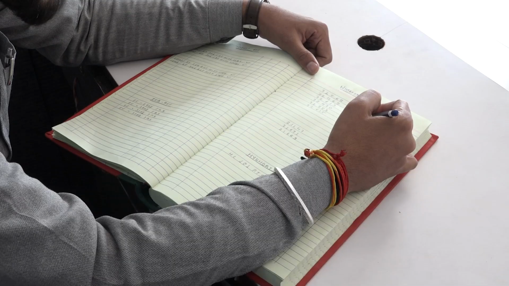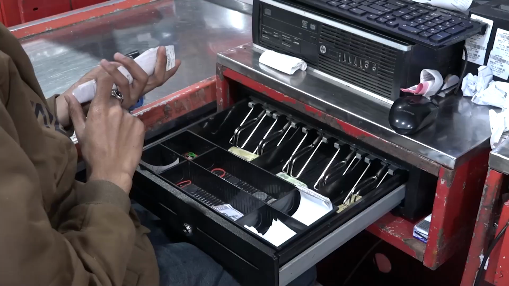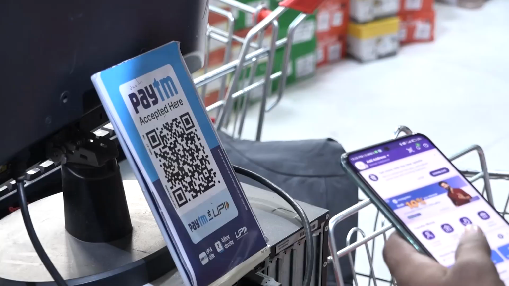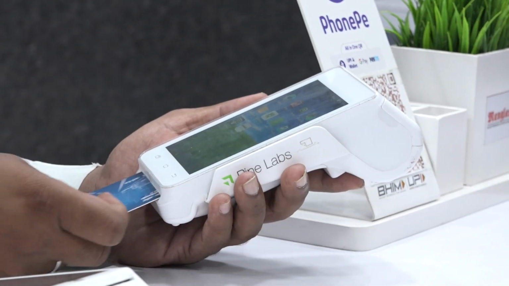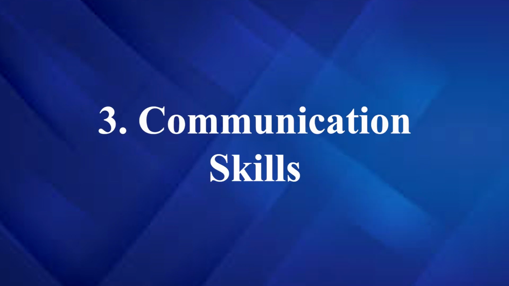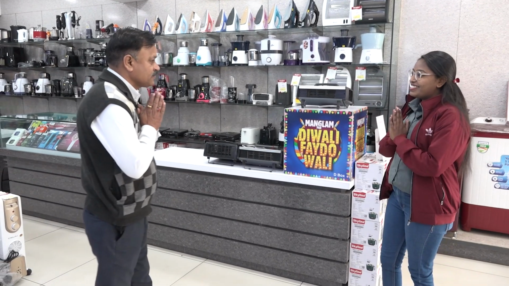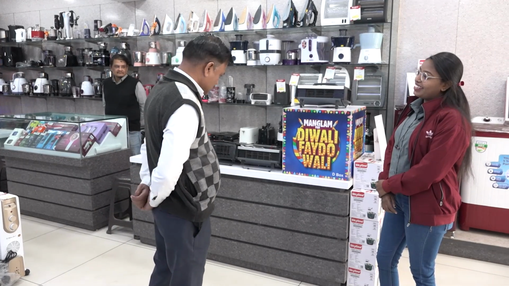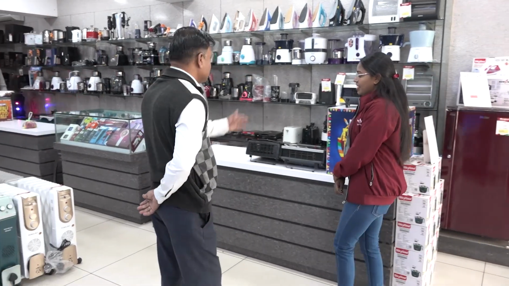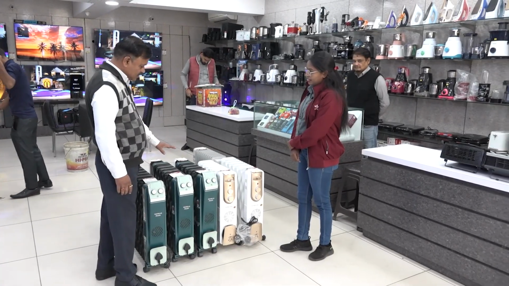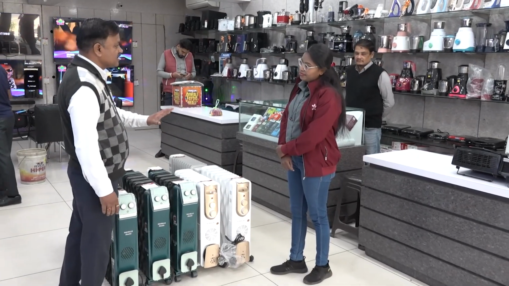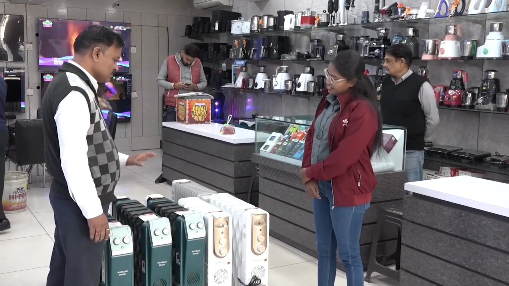Proficiency in operating cash registers, cash drawers, scanners, card swiping machines and other POS equipment is essential. Number 3, communication skills. Cashier should have effective communication skills to greet customers, provide price information, address delivery inquiries and respond to reward point queries.